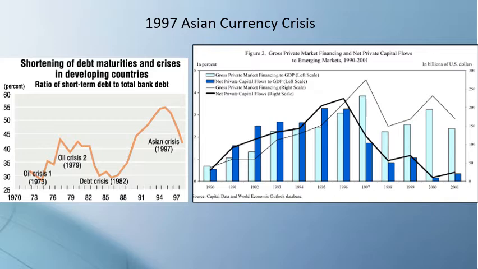Plus, the domestic banks, the Asian banks in these economies, borrowed short-term funds on the international markets at variable rates and in dollars, not in their own currency. They borrowed them on short-term rates, and then took them to their domestic market and lent them out on long-term real estate loans. So 30-year loans, right?